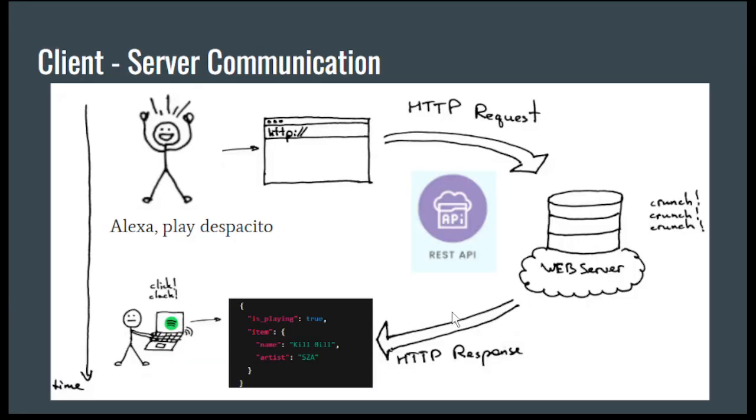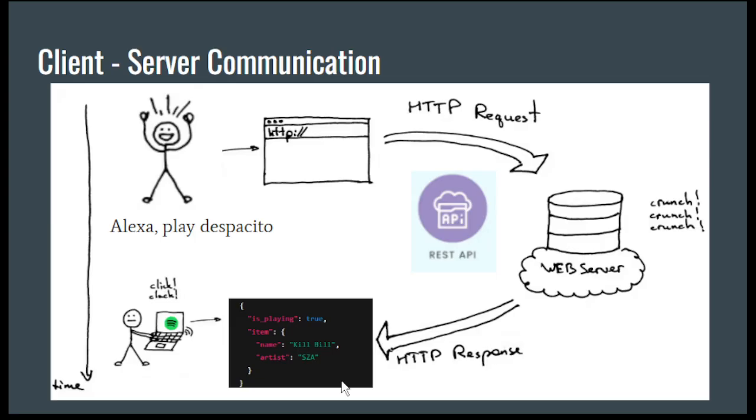And so with our previous diagram, we had a client through the browser go to the web server, and then that web server goes straight to the browser, and then it's the same person, right? But in this instance, when you have a RESTful API, you can ask for something on a different platform. Alexa, play Despacito. You send that command through the API.